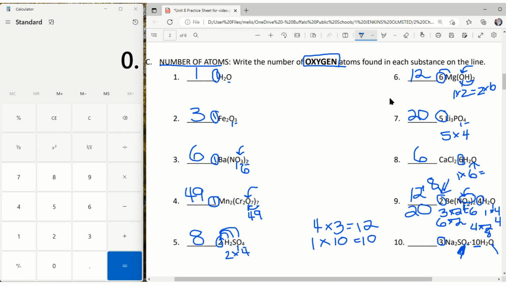But then this coefficient right here also applies because it's 3 of the whole thing. So then I got to do 10 times 3, which is 30. And then I have to do 12, which was in the first set, and 30, which is 42. And that is how you determine the number of atoms.